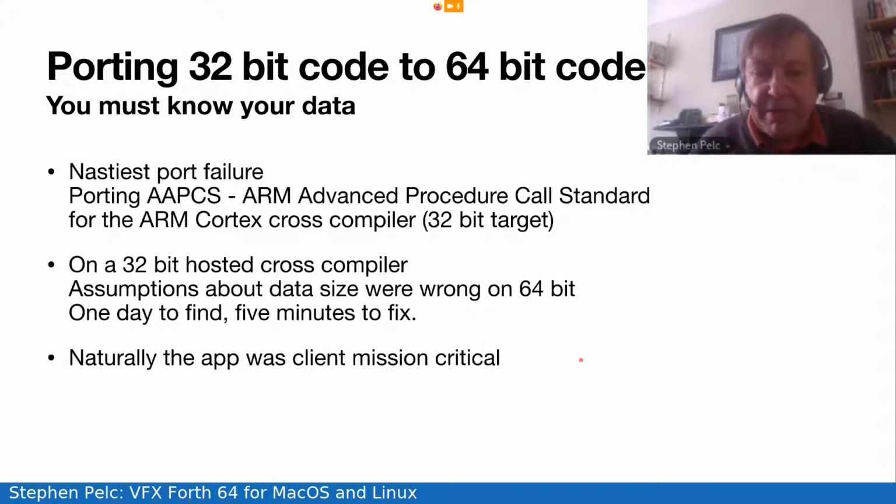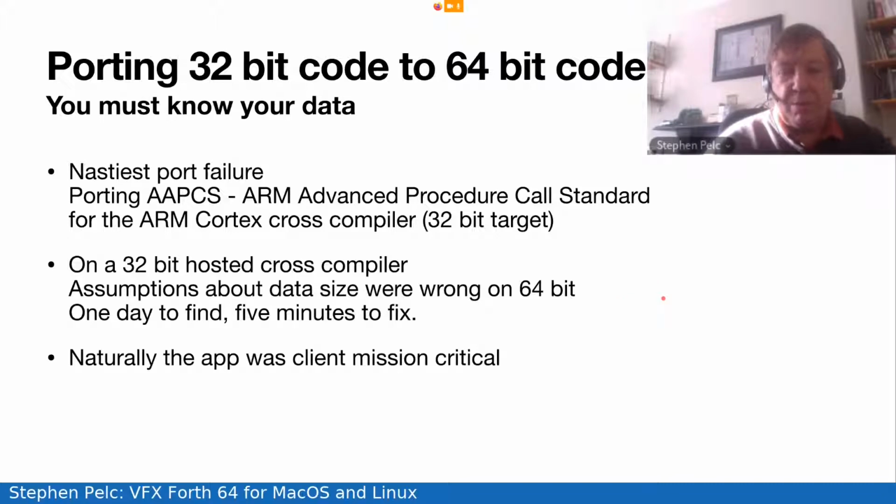Really, you have to know your data. You really do have to check everything. Our nastiest port failure was in the ARM Cortex cross compiler. We have an interface to the ARM procedure call standard for the ARM Cortex 32.